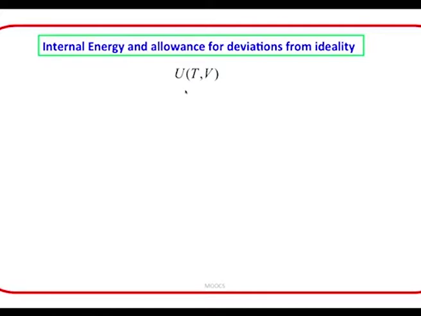I don't need to express all the three, P, V and T, because P, V and T are interrelated to each other. So if I write P and T, V automatically can be calculated. So I will begin by taking internal energy as a function of temperature and volume.